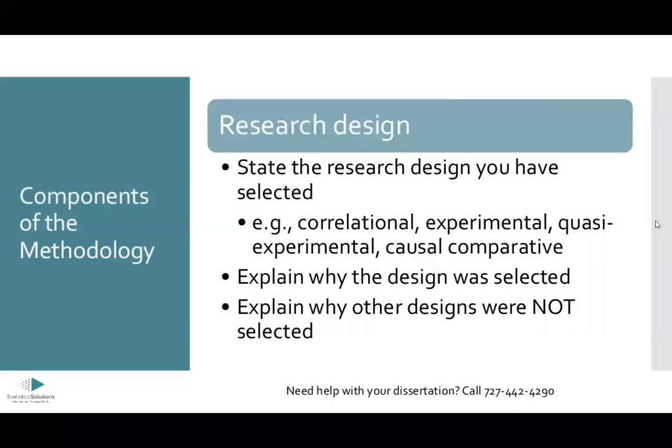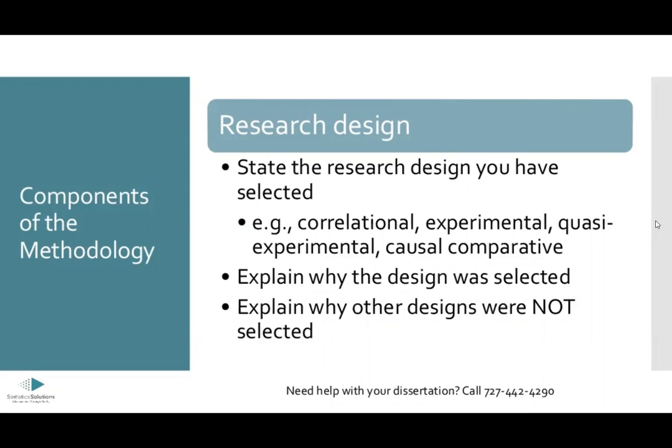And then you will want to show the reader that you understand what that research design is for. So to do that, you may want to explain what the features of that research design are, what are some of those hallmark things that make that design what it is, and what it is used for.